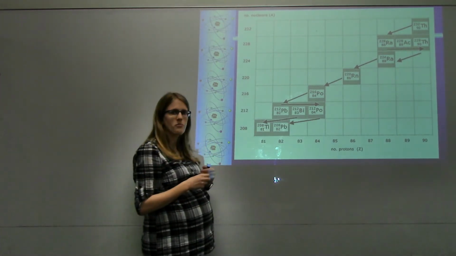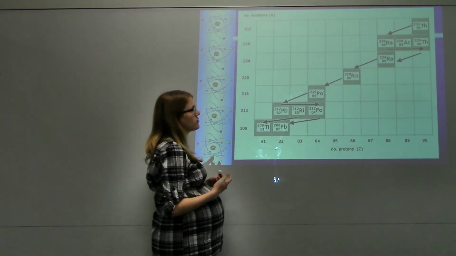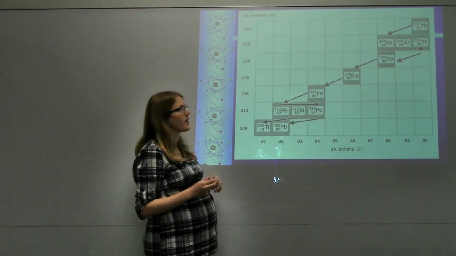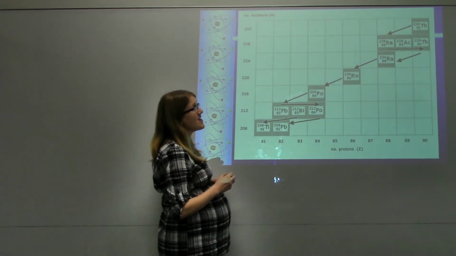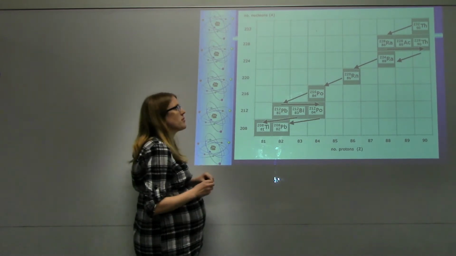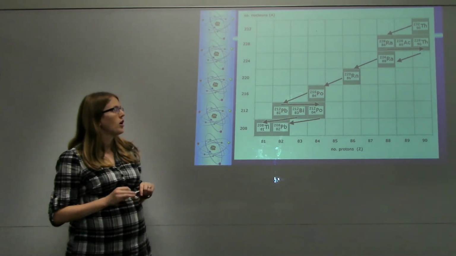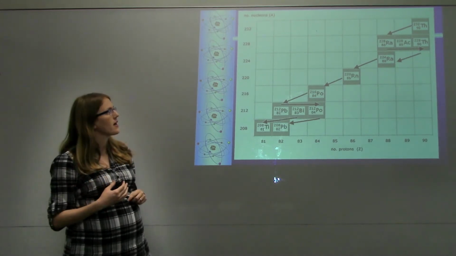And how do I know? Because they don't have any more arrows coming out of them. The arrows refer to a nuclear reaction. Therefore, if it's naturally going through that nuclear reaction, it is not stable. So what I'm going to do now is show you what the arrows actually mean and what the reactions are that involve those arrows.